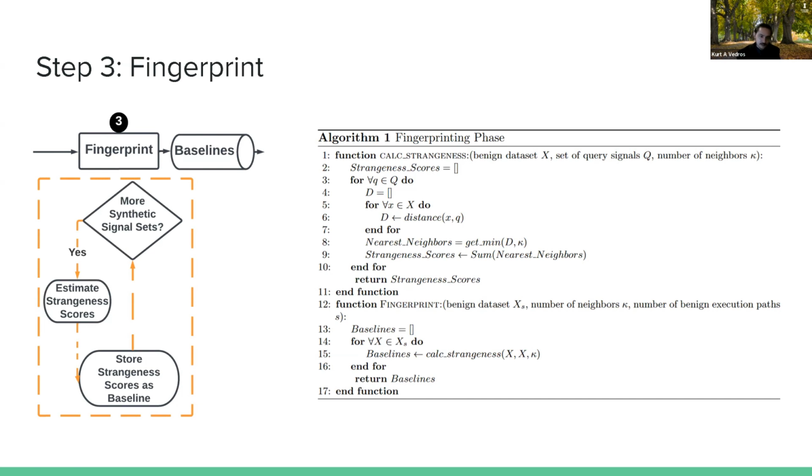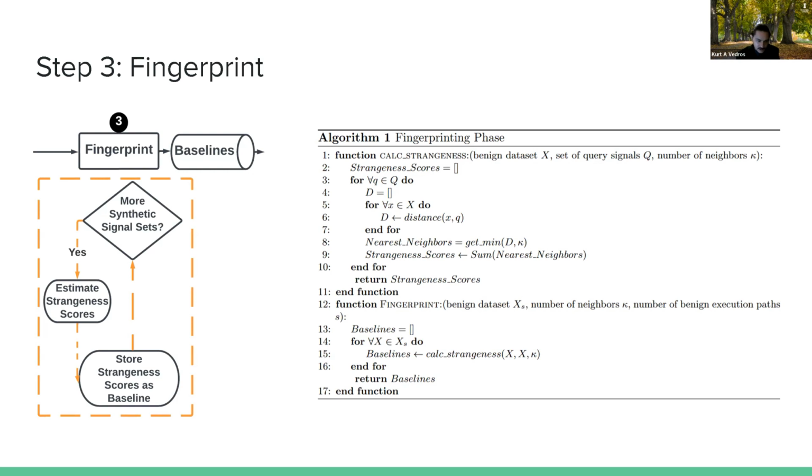In further detail, during the fingerprinting phase, a set of electromagnetic observations for each benign case is extracted from an overall data set. The baseline of normal distribution for each benign case is evaluated by determining the strangeness or similarity score of each electromagnetic signal to the rest of the set of the benign case's electromagnetic observations.